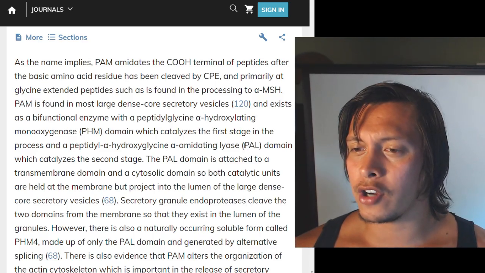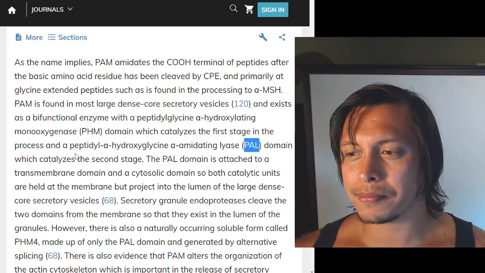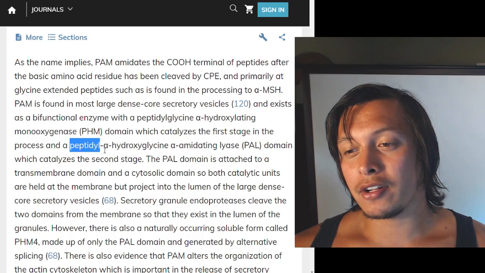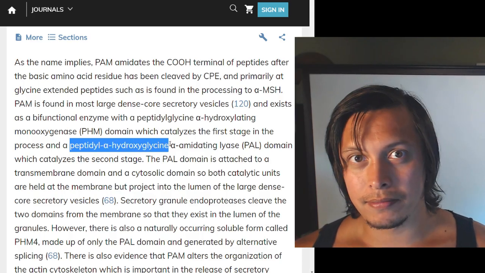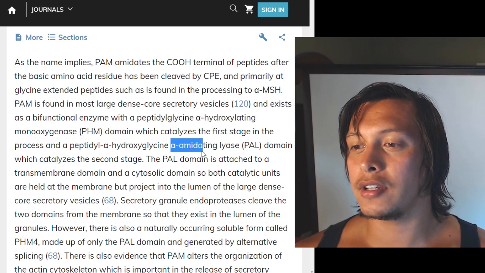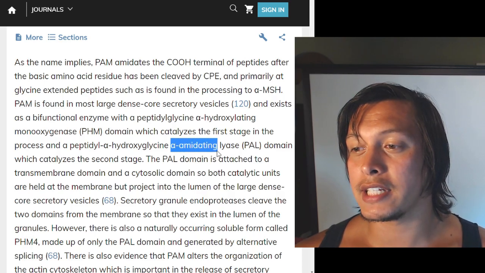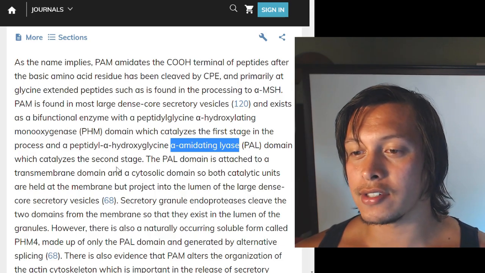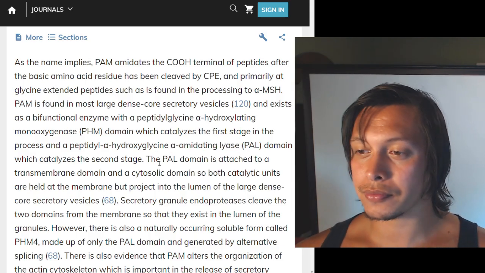It's called PAL because it takes a peptidyl alpha hydroxyglycine and it is an alpha amidating lyase, which catalyzes the second stage.